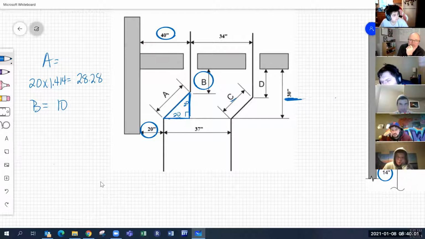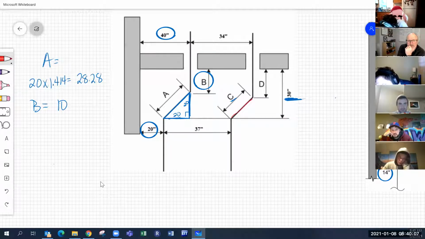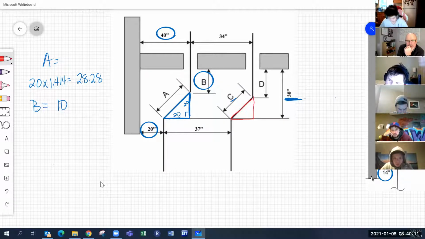Now I'm going to solve for C. I'll use a different color. This is the travel for C. I'm going to draw a right angle triangle in here. There it is. So I can go 40 plus 34, which is equal to 74, to this line.